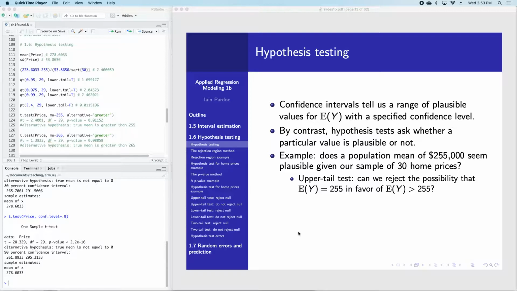The first flavor is called an upper tail test. An upper tail test in this context would be, can we reject the possibility that the population mean is 255 in favor of the population mean being larger or greater than 255? So it's an upper tail test, and there's a greater than symbol here.